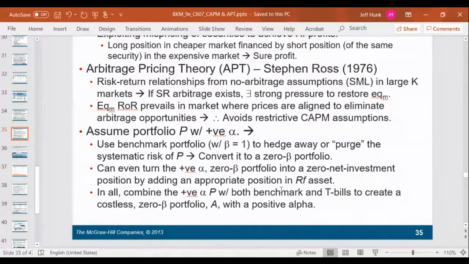Especially if it is underpriced, then there will be a strong buy demand for that, which will apply upward pressure on the price, and the price will eventually go up. That window of opportunity will close very soon, right?